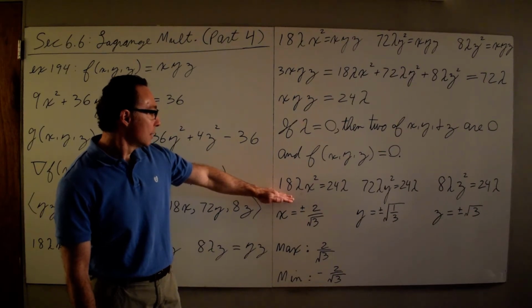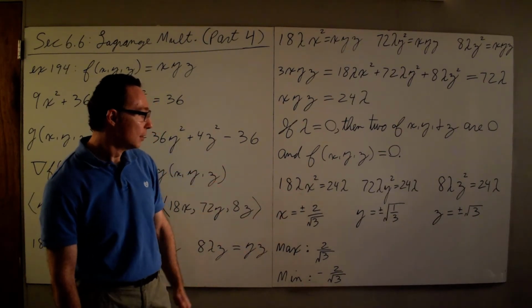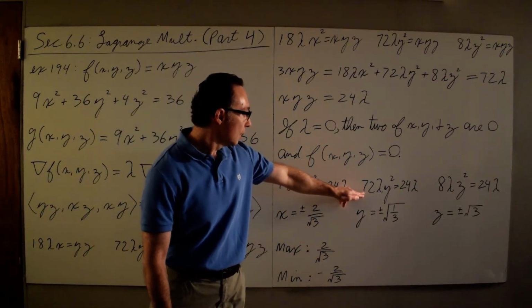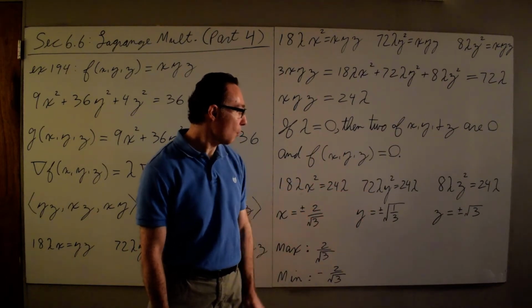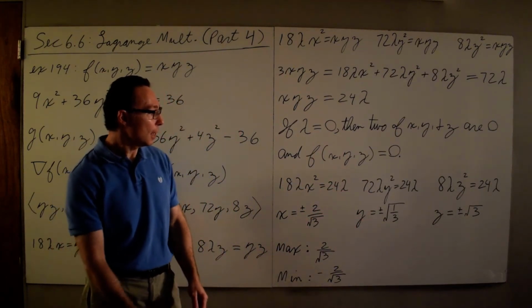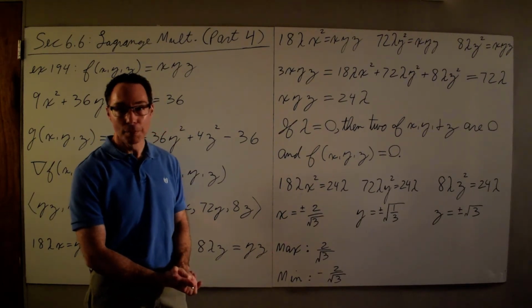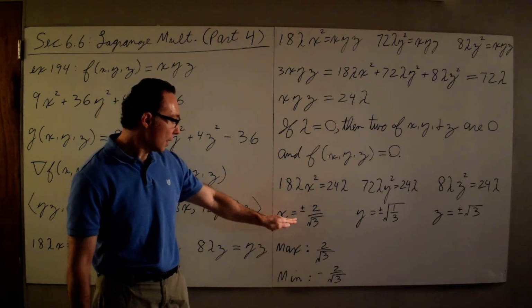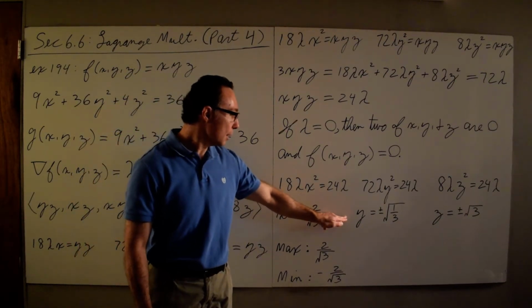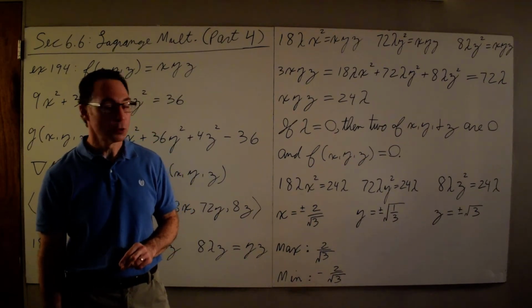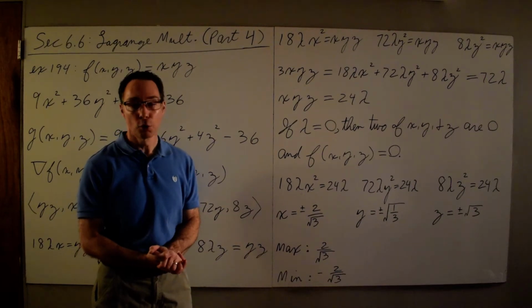That gives us 18x² = 24. Solve for x. Here, it gives us 72y² = 24. Solve for y. For the third one, we have 8z² = 24. Solve for z. So x is plus or minus 2 divided by the square root of 3, y is plus or minus the square root of 1/3, and z is plus or minus the square root of 3.